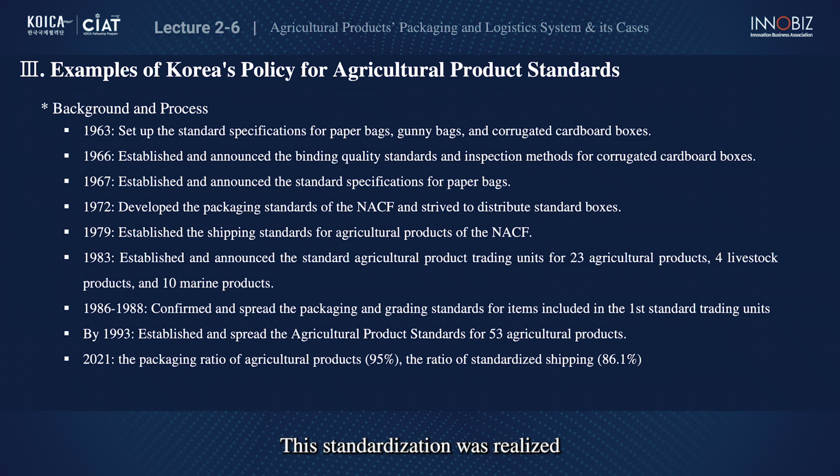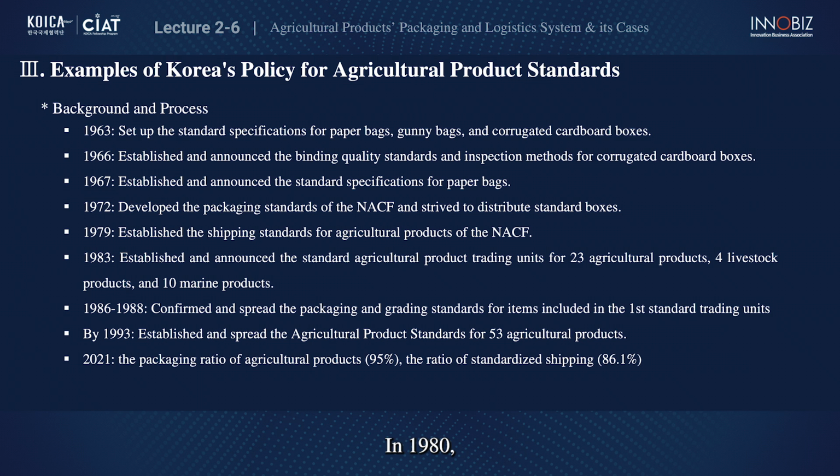This standardization was to realize the self-inspection system by gradually standardizing 52 major items and to contribute to increasing farmers' income by rationalizing logistics and improving the marketability of agricultural products handled by the NACF, thereby leading to the standardization of agricultural products.